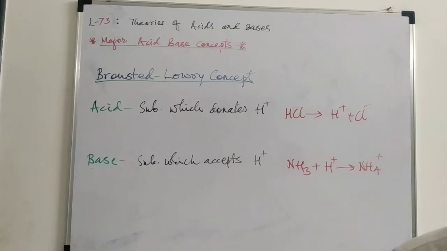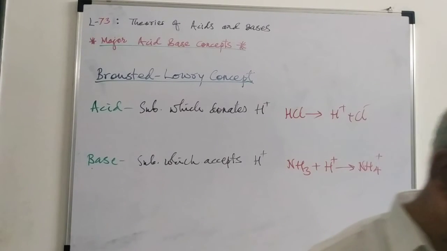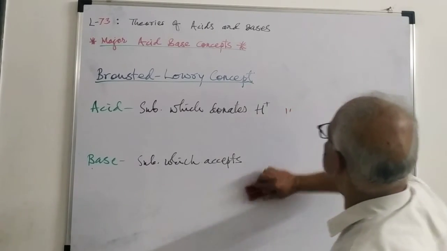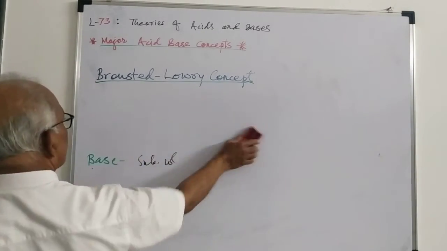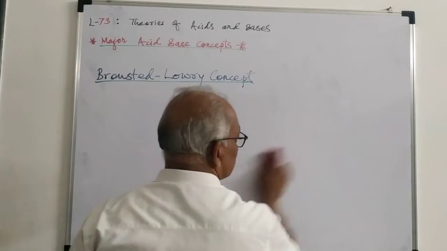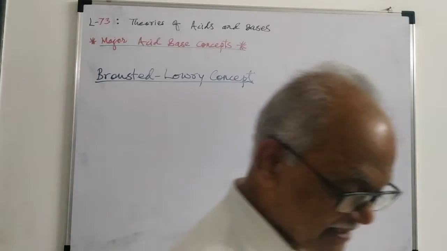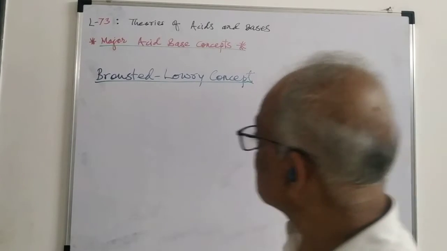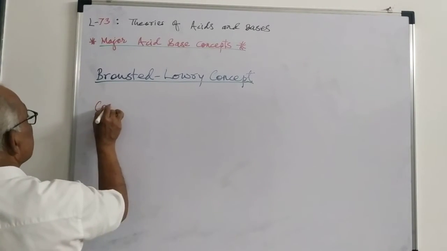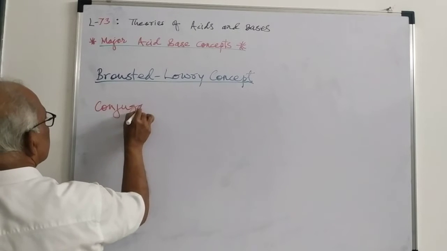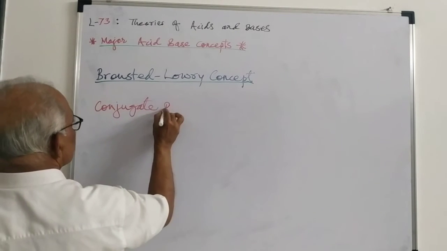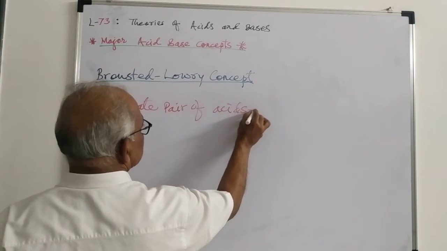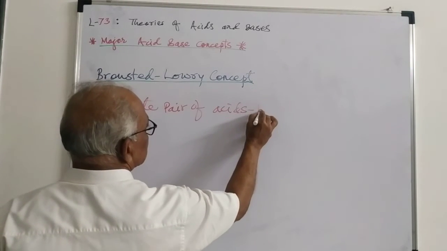So here, the theory also gives another concept. On this basis, the theory also provides the concept of conjugate pairs of acids and bases.